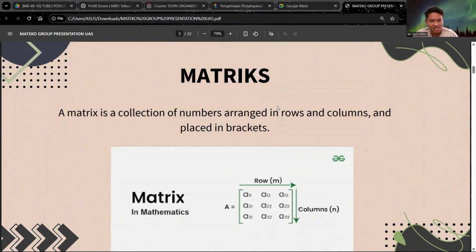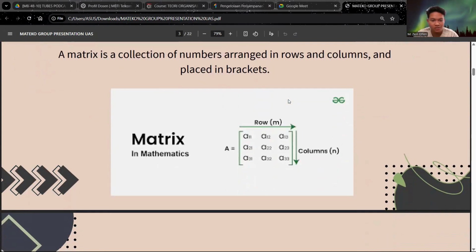So we continue to what is the meaning of a matrix. A matrix is a collection of numbers arranged in rows and columns and placed in brackets. What you can see from this picture below is how a matrix is written in mathematics: A equals A11, A12, A13.